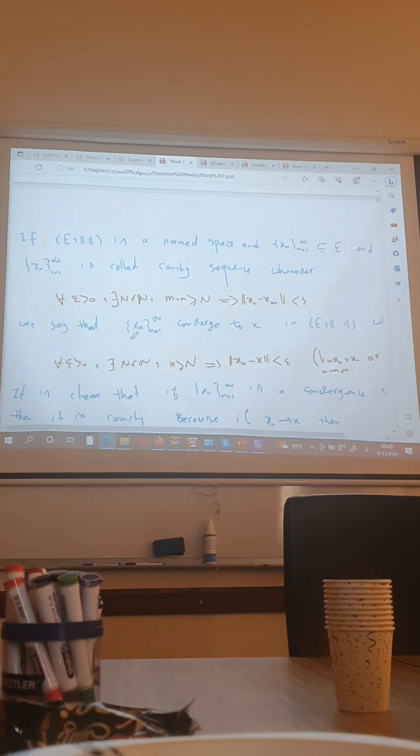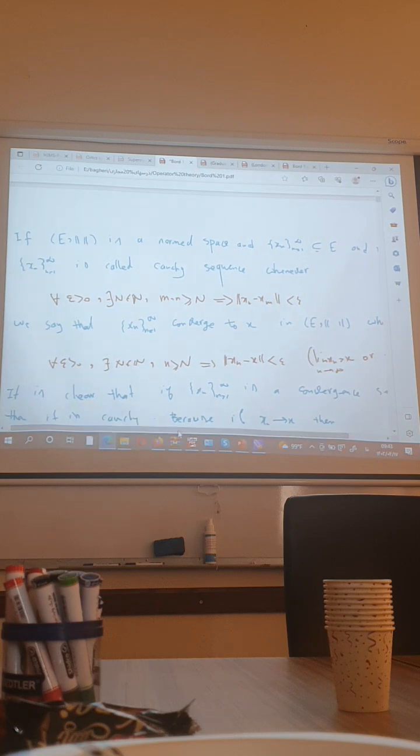And we say that xn converges to x, okay? If we have an element x, xn converges to x if for any epsilon there exists a natural number N such that if n is greater or equal to N, then this norm is less than epsilon, okay? In a Cauchy sequence, we have xn minus xm.